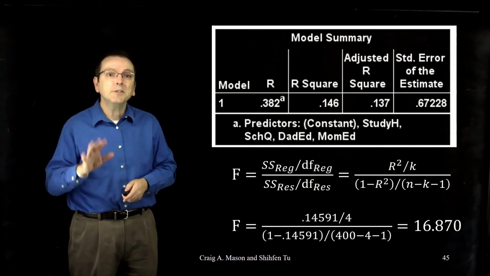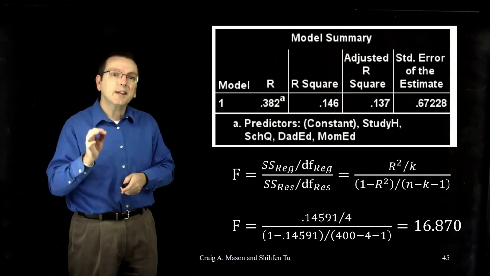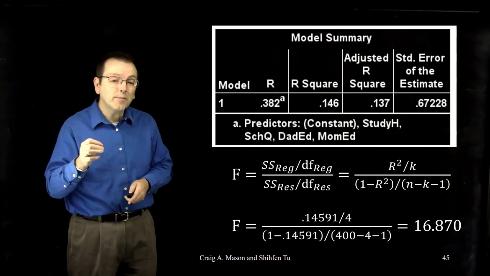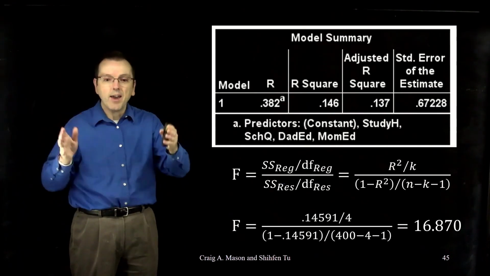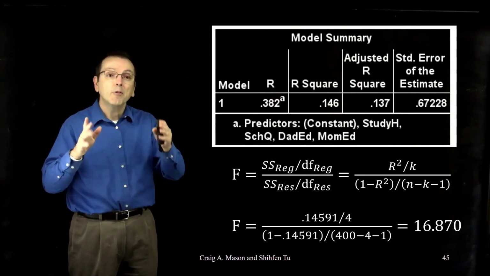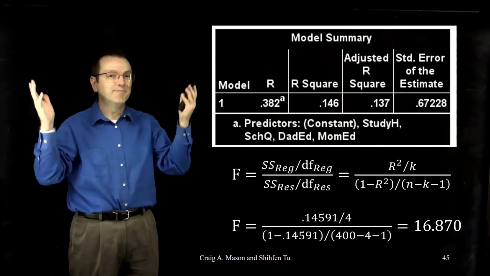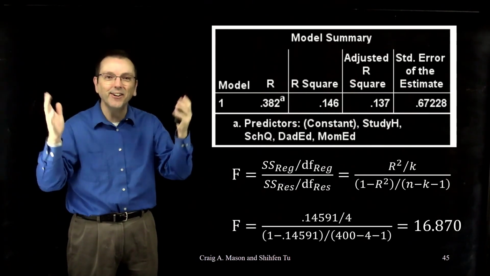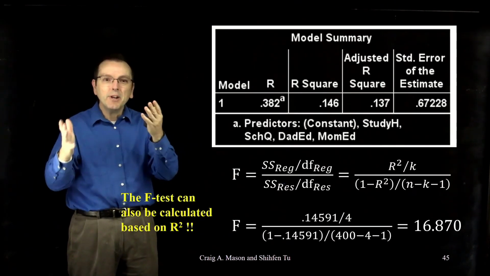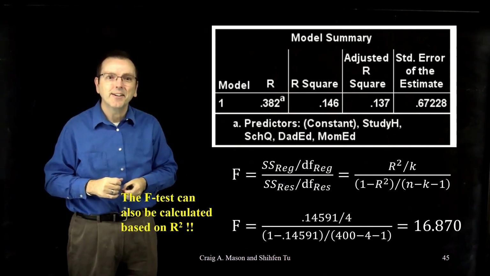If we use a value of R squared that goes out to 5 decimal places, we see that F is equal to 0.14591 divided by 4, all of that over 1 minus 0.14591 divided by 400 minus 4 minus 1, which gives us 16.870. Perfect. See how these are all related to each other. They're not just numbers appearing out of thin air.